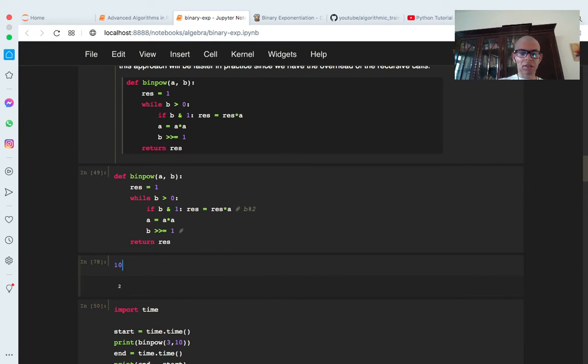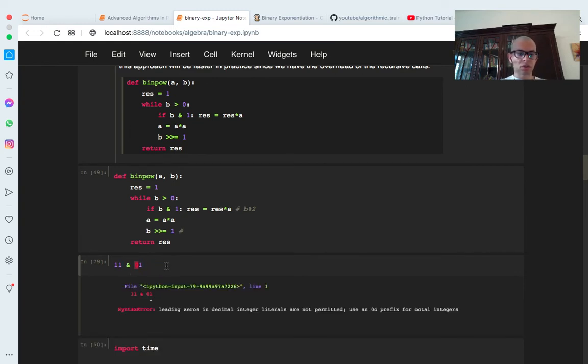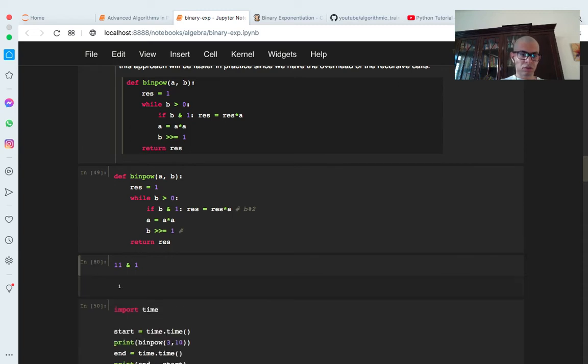This is 2 and this is 1, and that's why 2 and 1 evaluate to 0, because 0 and 1 is 0. And if we do it with 3, this is 3, so 3 and 1 are actually 1, because you would have this one here.